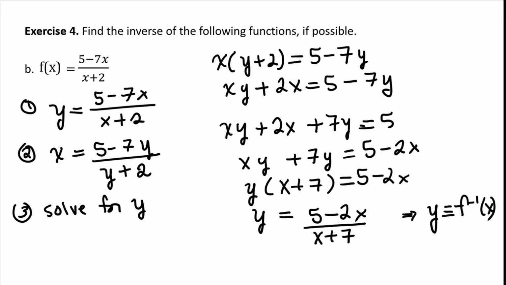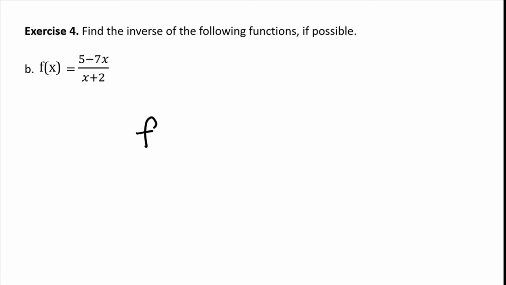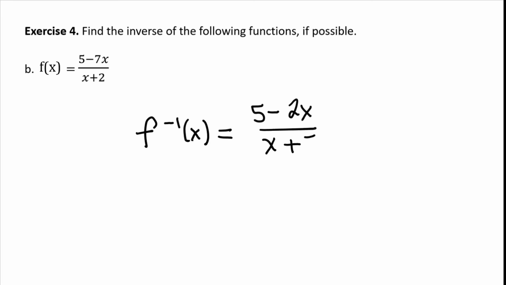So let's write the final answer as f inverse of x is equal to, let's see, it was 5 minus 2x divided by x plus 7.